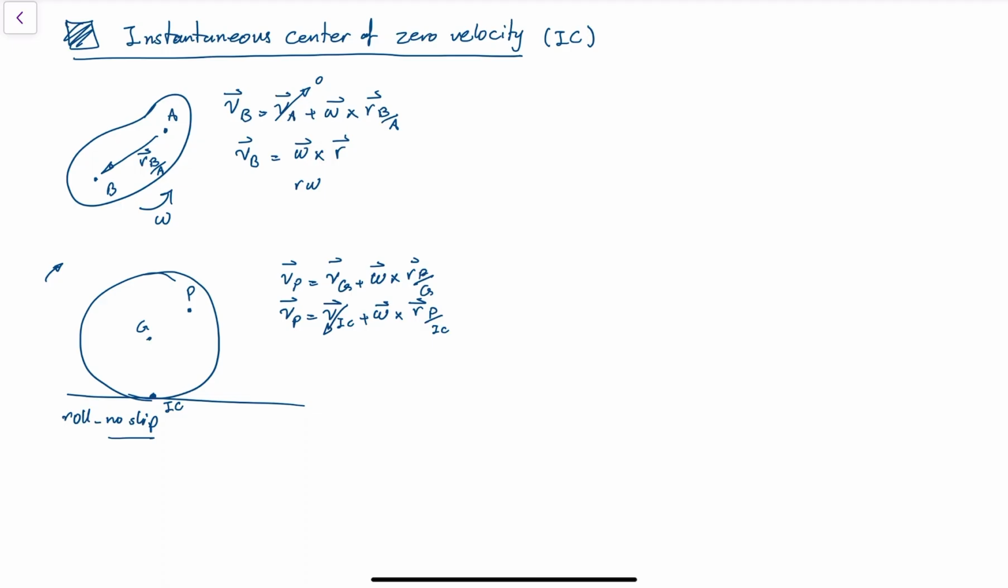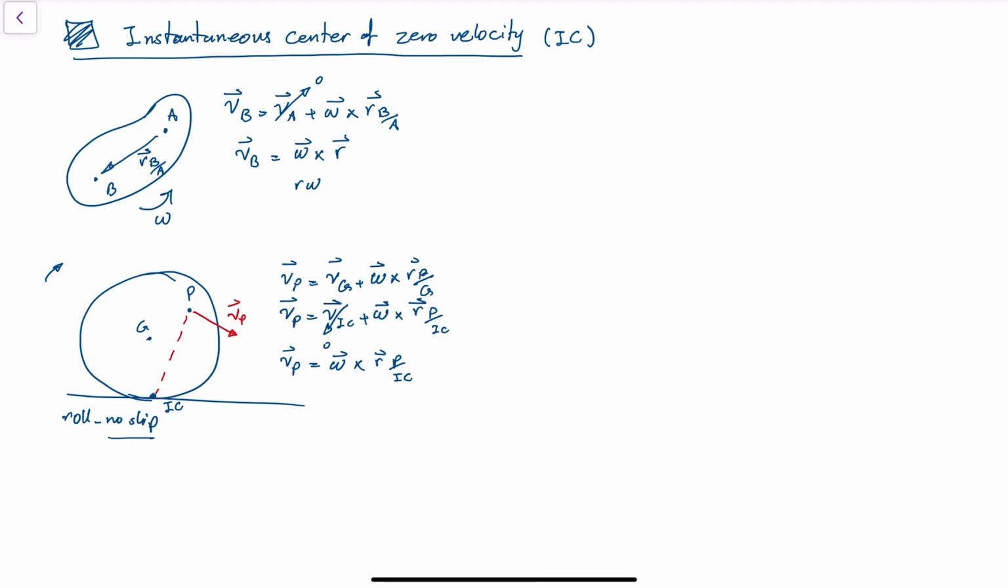This point on the ground, the contact point, has zero velocity, and V of P becomes just a pure rotation about this point at this instant. So I can find the position vector and find V of P.